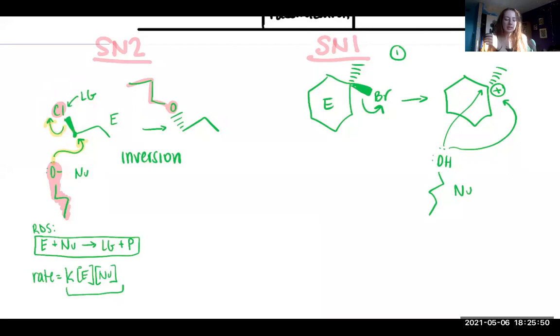What gets replaced is the nucleophile in its spot. The thing that's wedged right here is the hydrogen. But yeah, so basically it not only takes the spot of the chlorine, but it takes the inverted spot, which is the back spot in this case.